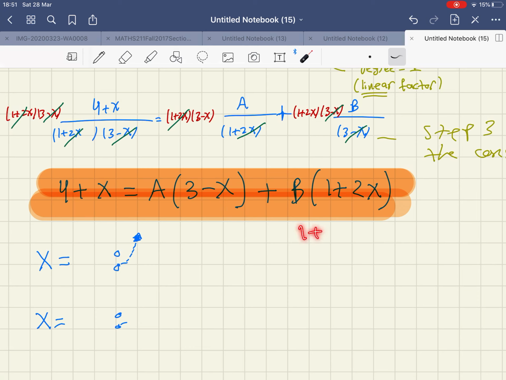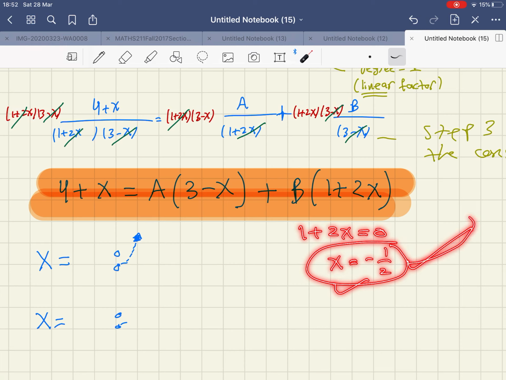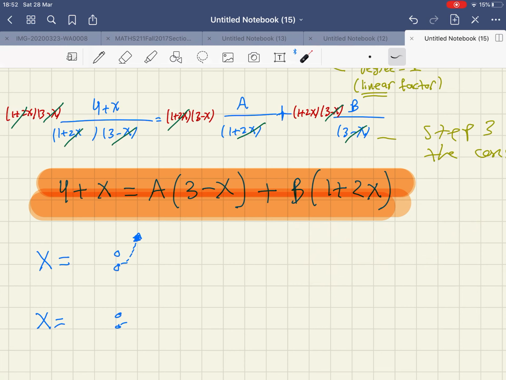So you have 1 plus 2x equal to 0. So this means x equals minus half. And that is the x you need to choose, and you substitute it here. So choose -half and check what you will get.